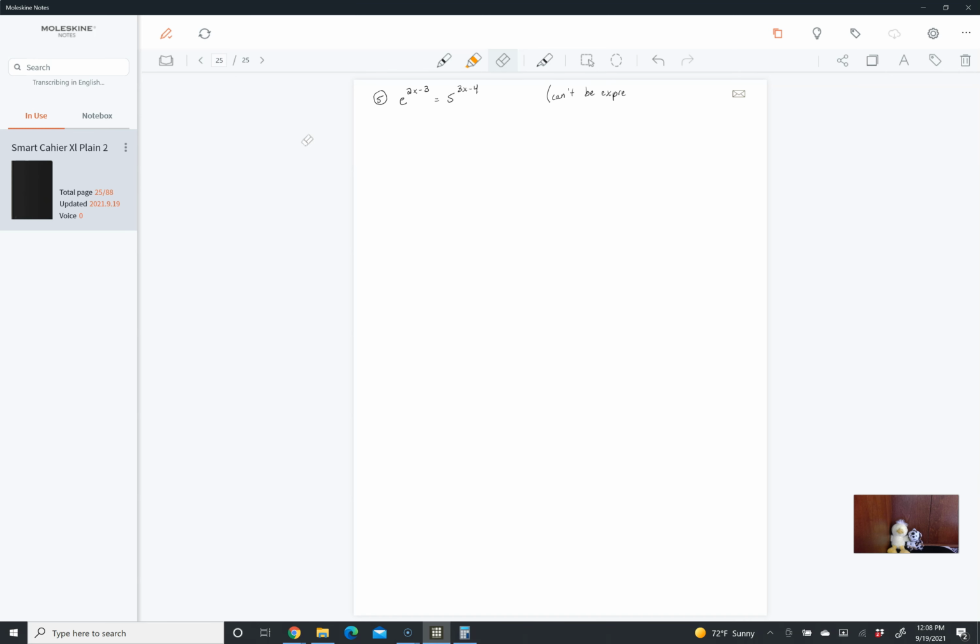So we have to use method 2. So in this case, we've been using base 10. But in this case, it actually makes sense, instead of taking the log of both sides, to take the ln of both sides. The reason for that is that the ln of e is equal to 1.